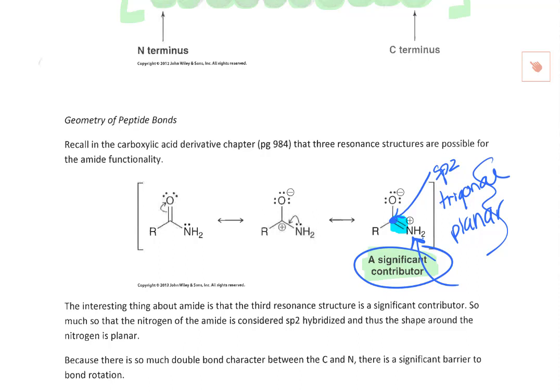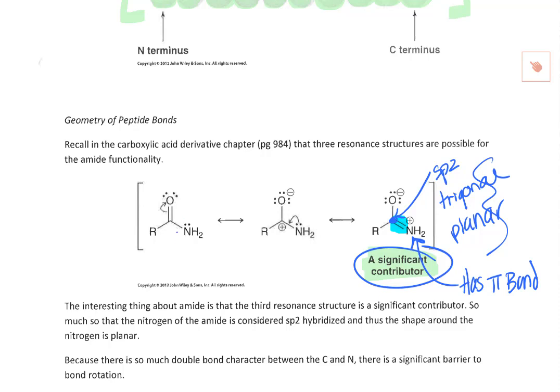And so this nitrogen has a pi bond in this resonance structure. And you know that pi bonds struggle to rotate, right? So there's a barrier to rotation here.